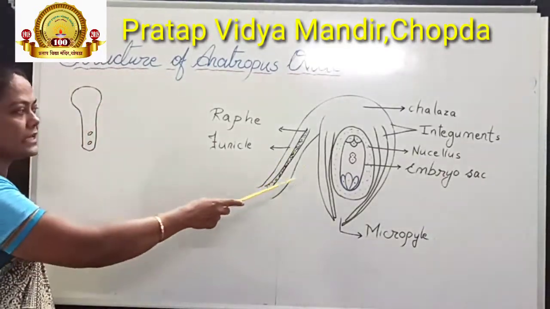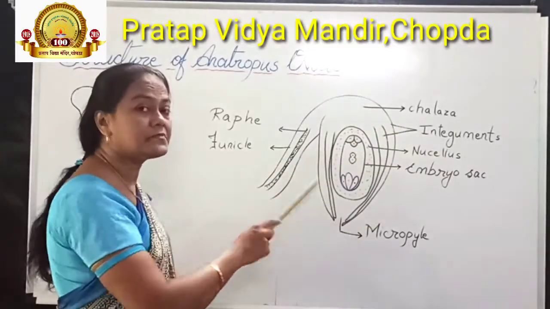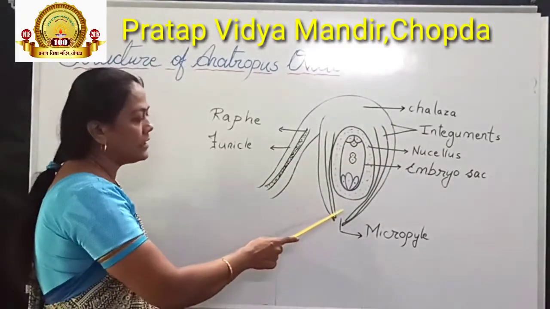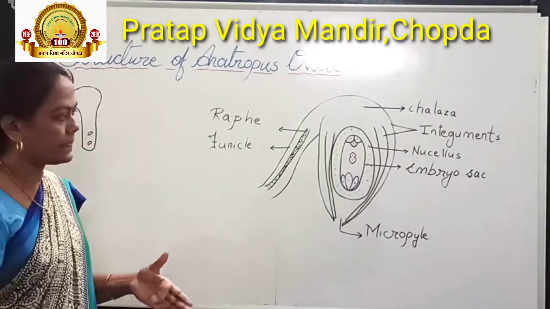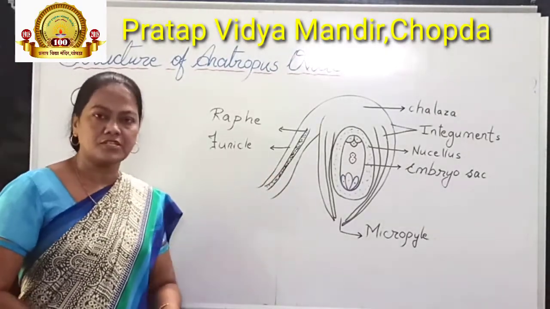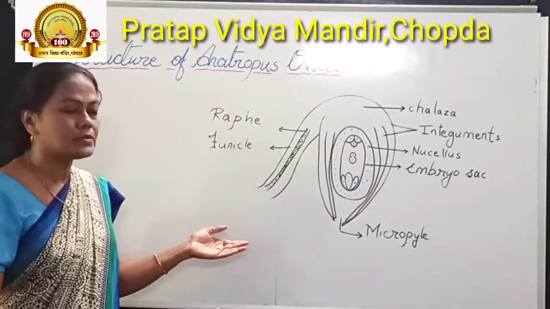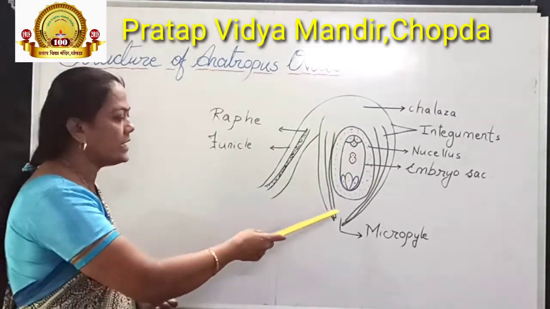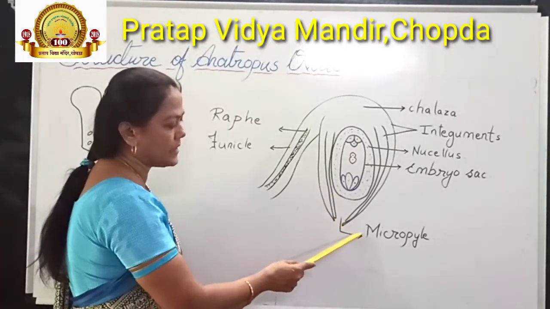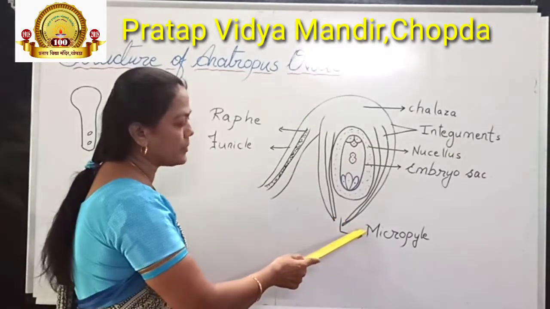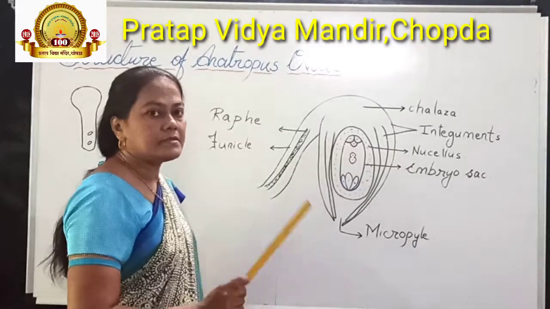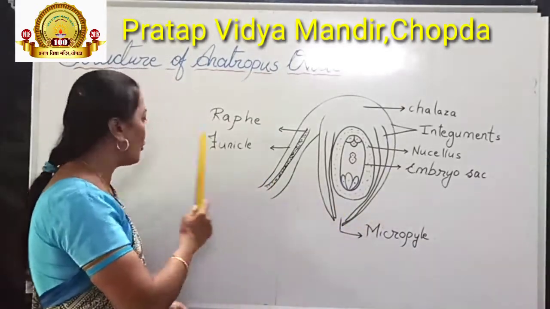Now let us see each and every part and its function. Ovule is the female part which after fertilization will develop into seed. In this ovule, the micropyle, which is the opening of the ovule, is the passage for the pollen tube.